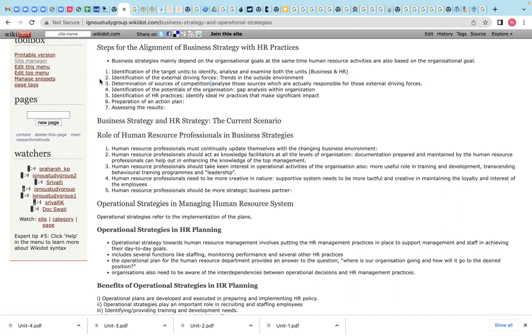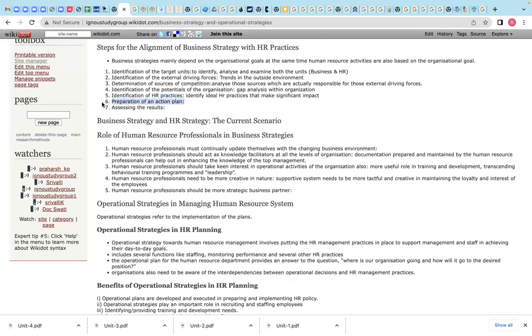The third thing is identifying the sources of competition, right? From where these external driving forces are coming, what are the things that are the source of these external driving forces? Fourth is potentials of the organization. Where am I, what is the gap that I have, right? And then identification of HR practices.